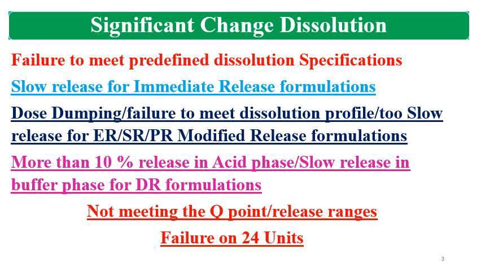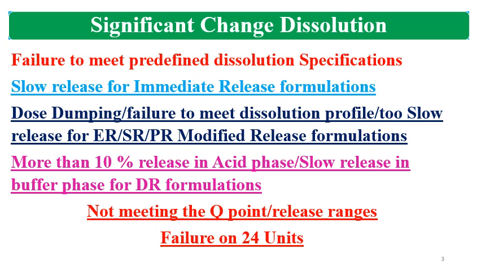Significant change, as we have seen, is a failure of the dissolution to meet the predetermined specification or finished product specifications. So you can say that there is a dissolution failure if your formulation is an immediate release type of formulation and you observe slow release.